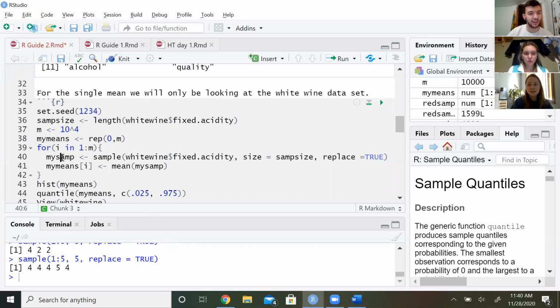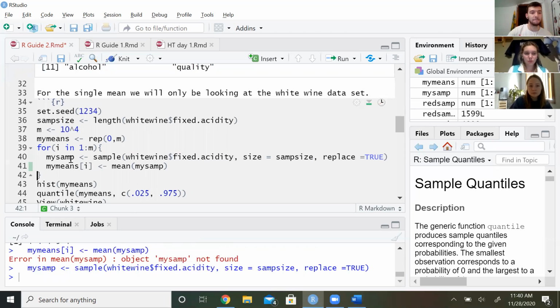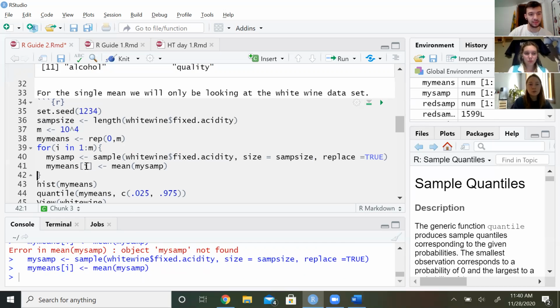Perfect. Then that's my samp, and the mean of my samp goes into the vector my means, which is the one that gets populated in the for loop. And every time the for loop runs, this ticker i will count up, and a new mean will be inputted until we have a full my means vector.